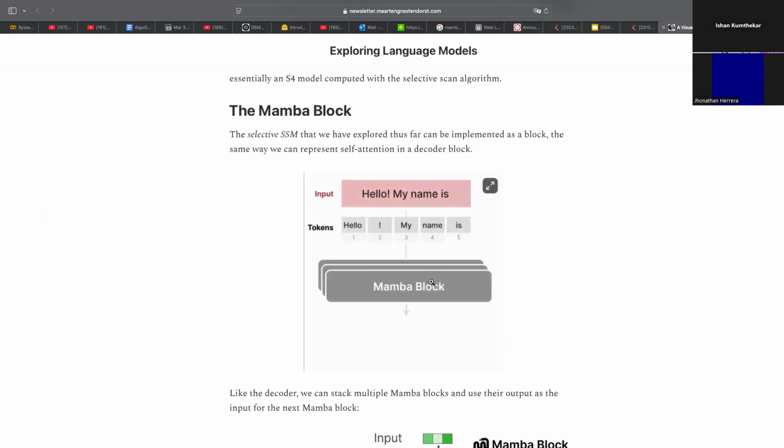I gave both the same exact prompt and calculated it. Mamba actually ran, what was it, 4.5 times faster than GPT-2 with the exact same input, and with a better response. So that itself shows that this does have potential to replace transformers.